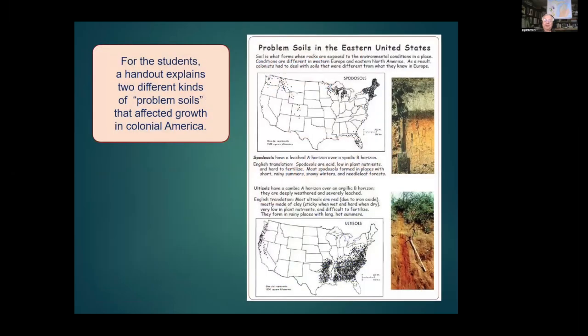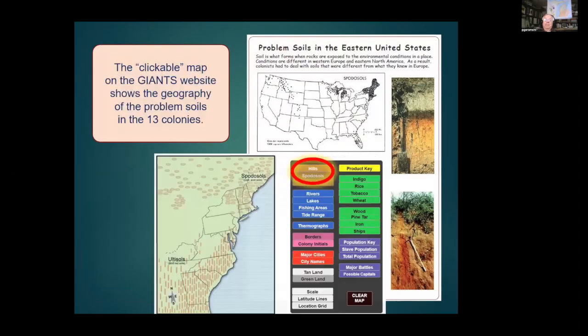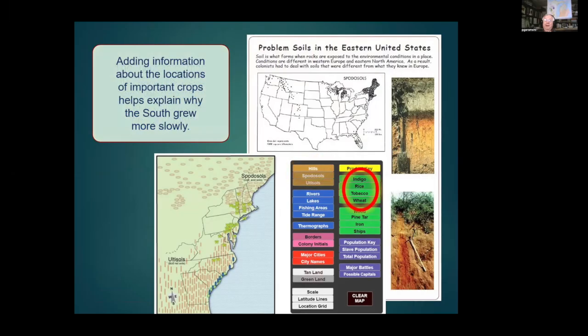For the students, you might not even use the presentation, because there is a handout that explains two very different kinds of problem soils that affected the growth of colonial America. And the clickable map lets you put those problem soils on a map like that. You can then turn on other layers on that map. I clicked on wheat production, indigo, and rice.